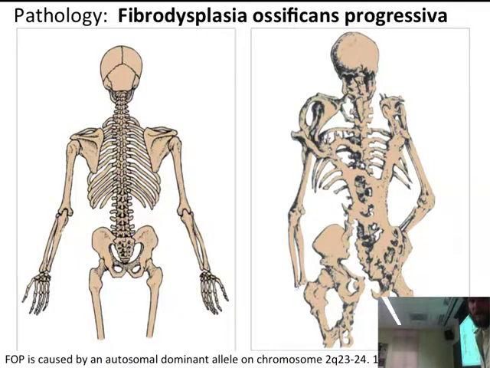All right, the last of these is just, I like to do a little bit of pathology at the end. Fibrodysplasia ossificans progressiva. Has anybody heard of this one before? Has anyone heard of the elephant man? That's the story. I forget the man's name, actually.